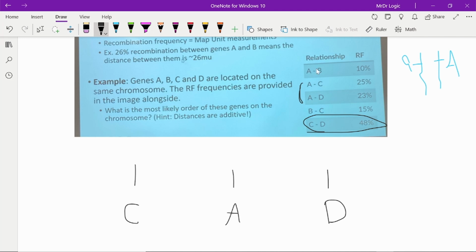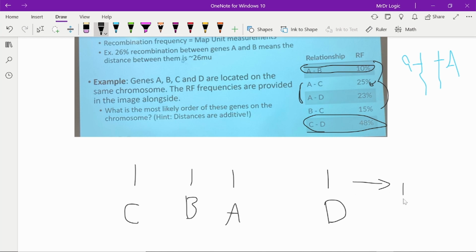And we see that A is the closest to B, so B has to be close around here or here, and it's close to C. And since the difference between the two is like the addition of this, we'll put B sort of here-ish. The distance between B and D is never mentioned, so this is fine.